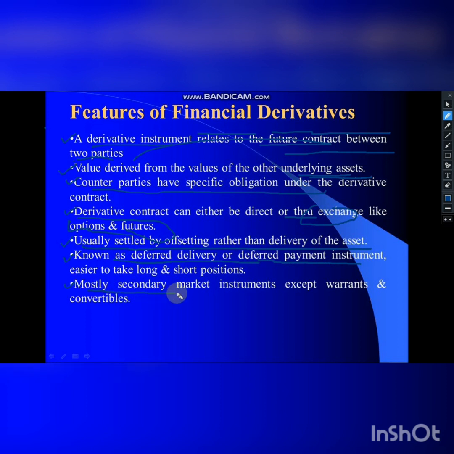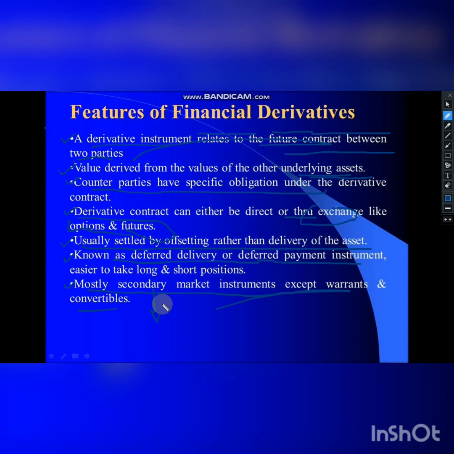Come on to the next point: mostly secondary market instruments, except warrants and convertibles. Definitely these are secondary market instruments, because if you want to trade in a financial derivative, you must go to the secondary market, the stock market.